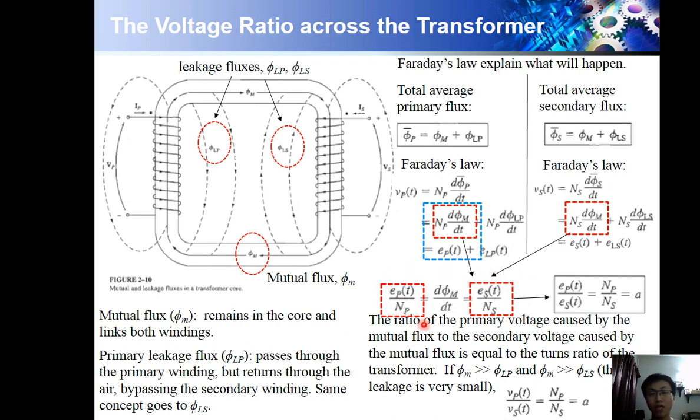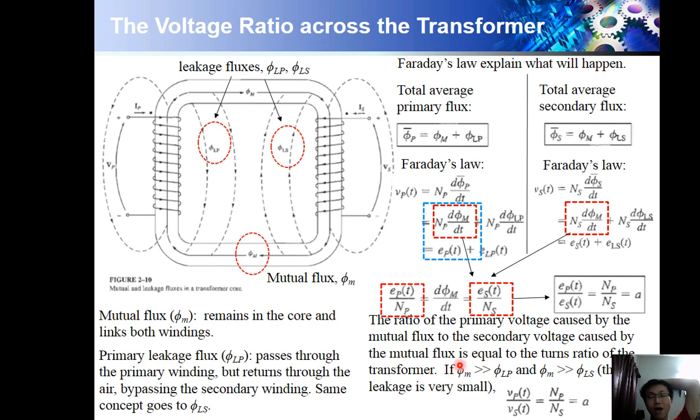So I can put it in one equation like this. Then I take out these two: EPT and EST. It becomes NP divided by NS, which is equal to our transformer turns ratio. So the ratio of the primary voltage caused by the mutual flux to the secondary voltage caused by the mutual flux is equal to the turns ratio of the transformer.